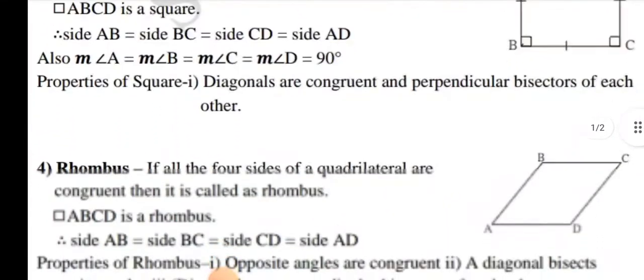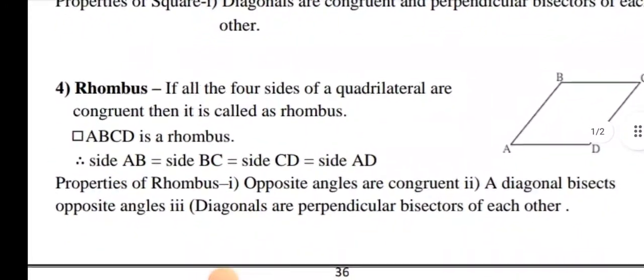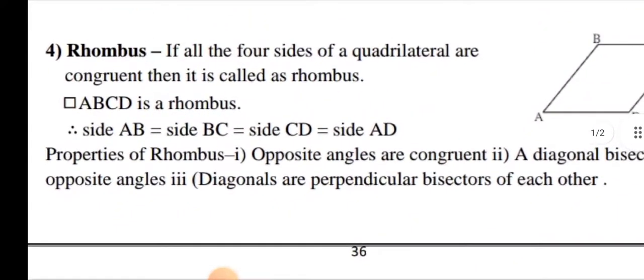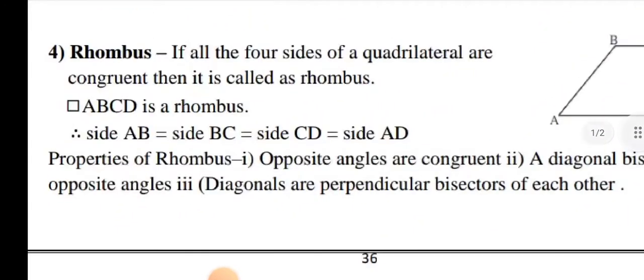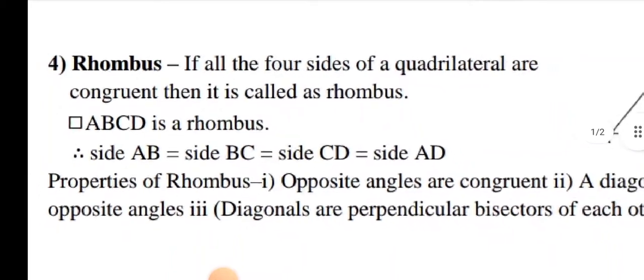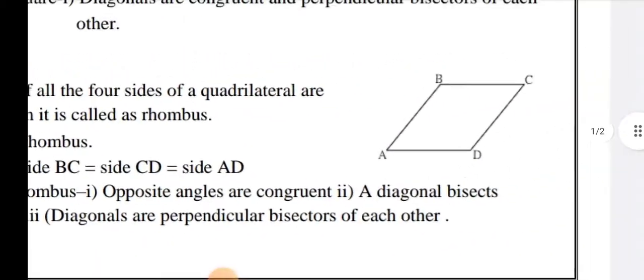Now, another type of quadrilateral is rhombus. If all four sides of a quadrilateral are congruent, then it is called a rhombus.